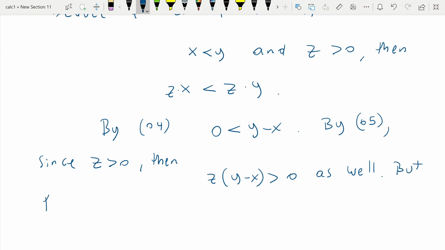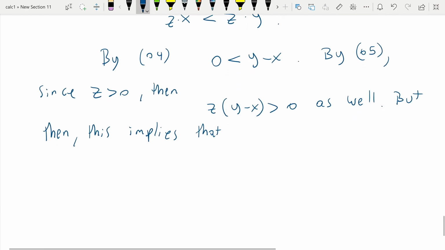But then this implies that, using the distributive property, z times y minus z times x is greater than 0.